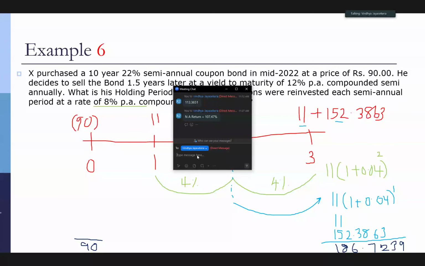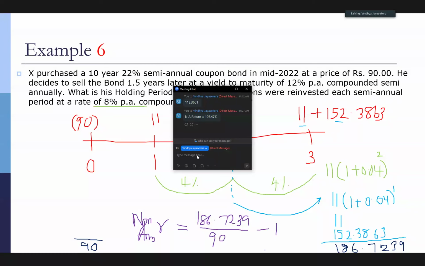Arindo, right? Correct. So the non-annualized returns are correct. Yes. 107.471, right? How do you get that? It's simply your non-annualized return, which is P2 divided by P1 minus 1.